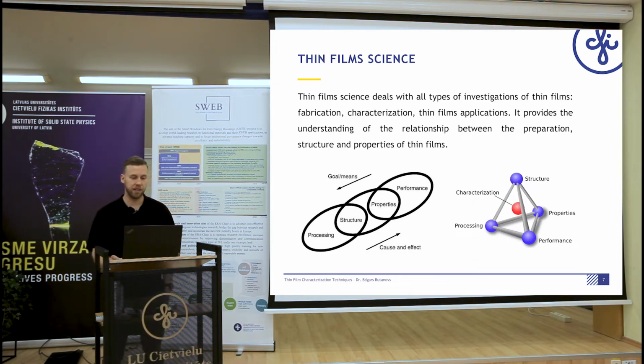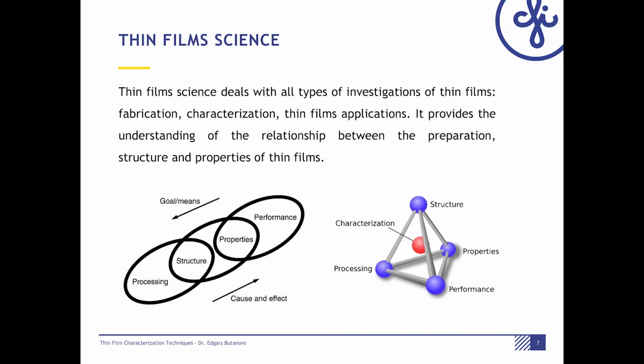So, thin film science deals with different types of investigations. First of all, fabrication, characterization, and then applications. It provides understanding of the relationship between the preparation, structure, and properties of the films. This is critical, as you see in this schematic.